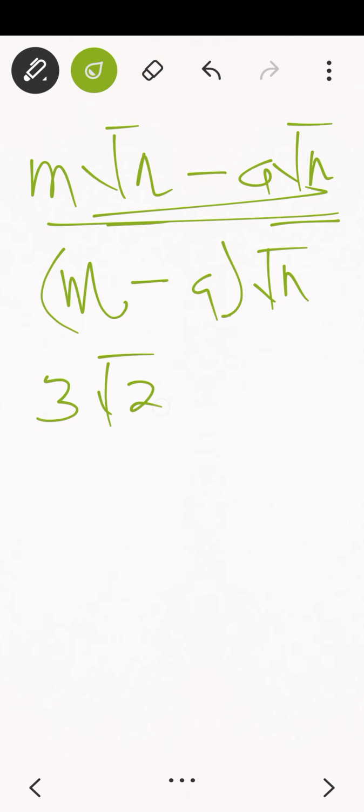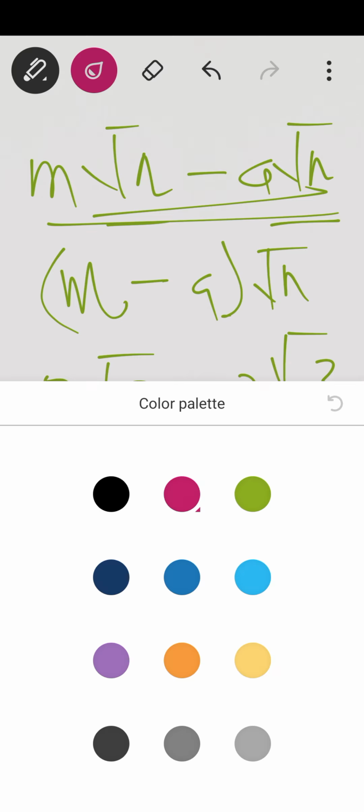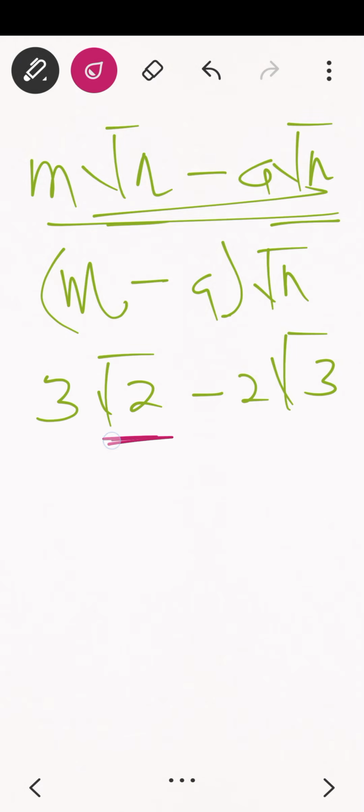So because these sets are like, we can do that. But assuming we were to have something like 3 root 2 minus 2 root 3, these sets are not like. So because of that, we cannot do anything about it. We cannot write this.